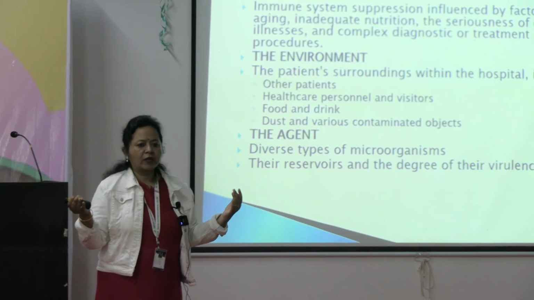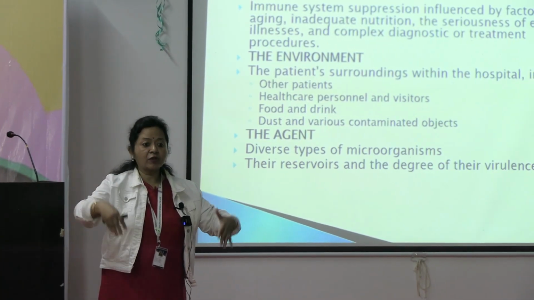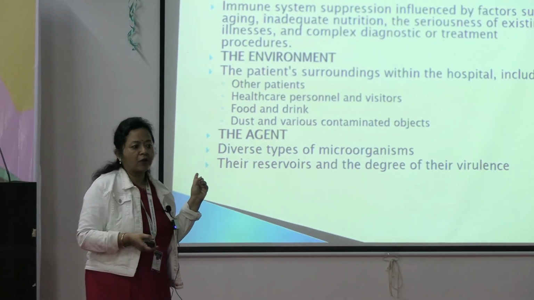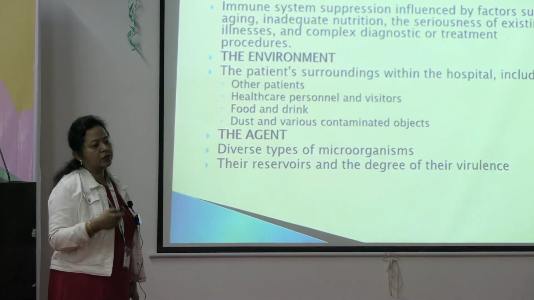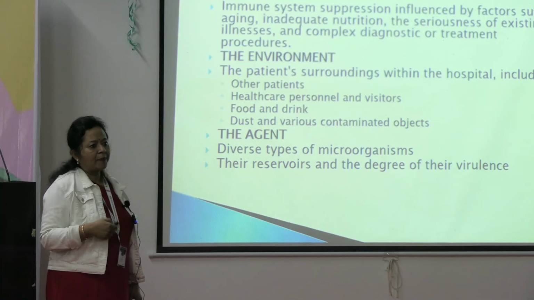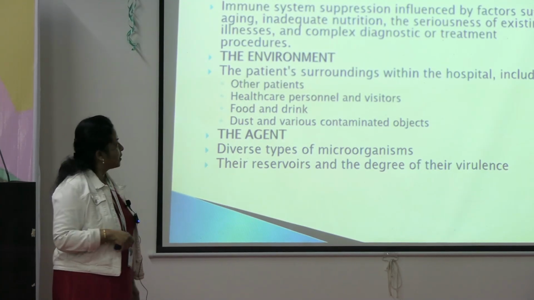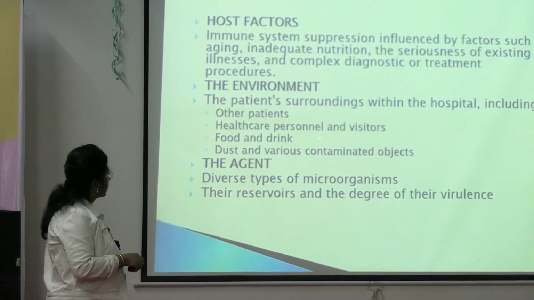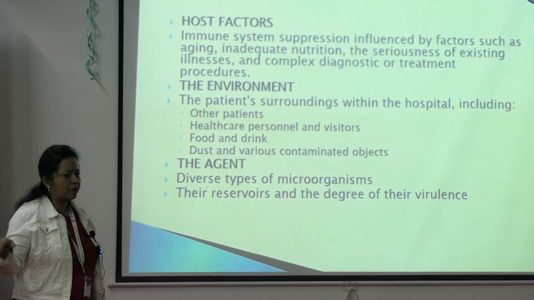They are bringing the infection into the hospital, so you have to take care of those patients. The environment is full of bacteria, viruses, all those pathogens you are dealing with. Then the healthcare personnel and visitors are all the people who will be around the patients.